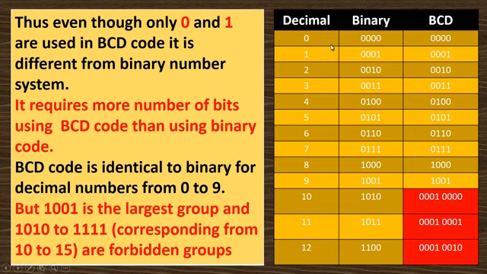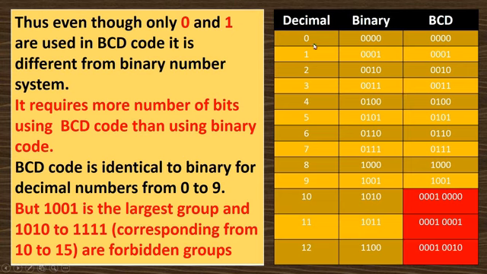If you observe carefully, here 0 is represented by 4-bit 0000, 1 is represented by 0001, 2 is represented by 0010 in binary. It is the same as in BCD, 0010. What about 4? This is also the same.